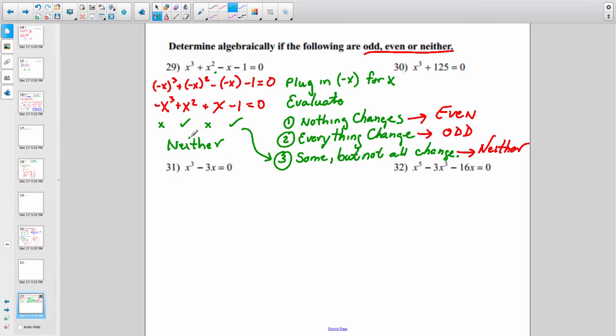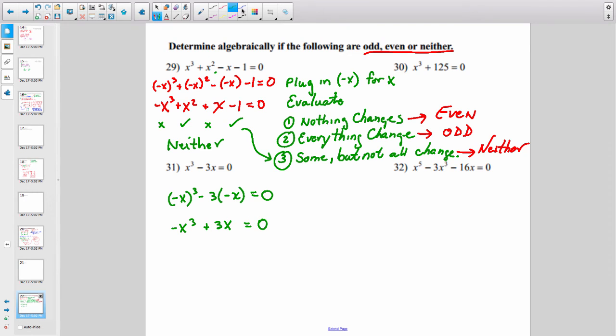Let's take a look at number 31. Now, 31, negative x cubed minus 3 times negative x equals 0. Negative x cubed is still negative x cubed, and negative 3 times negative x, that would be plus 3x equals 0.